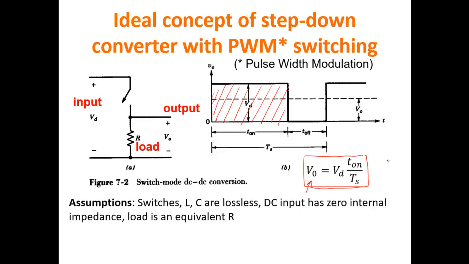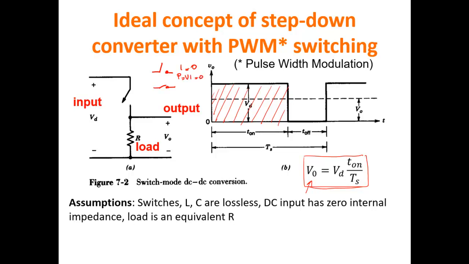When the switch is off, the current is zero, so the power, which is the product of the voltage on the switch times the current through the switch, is zero.